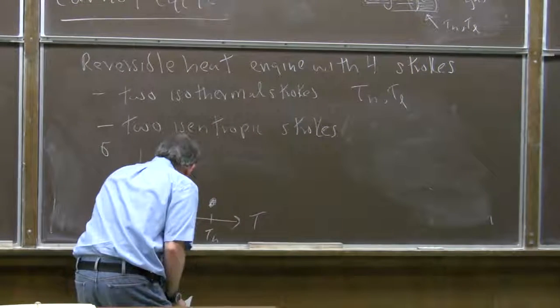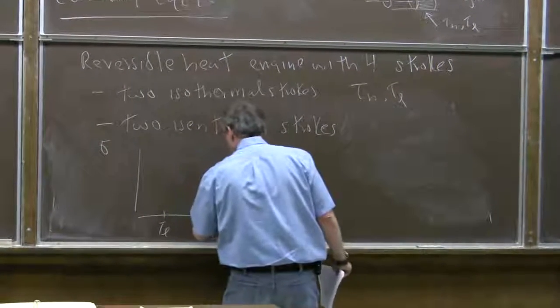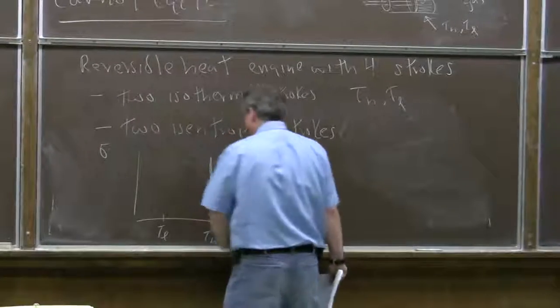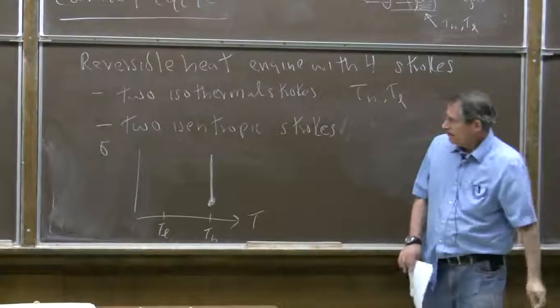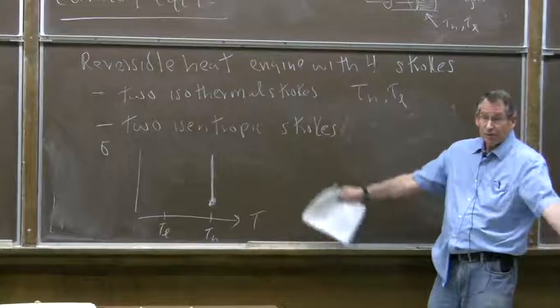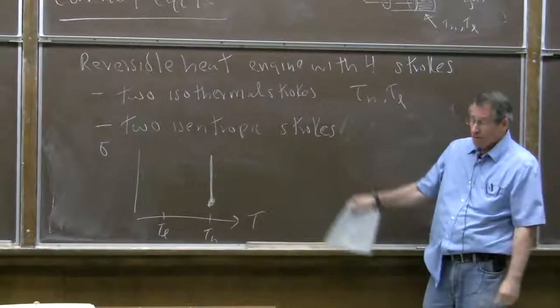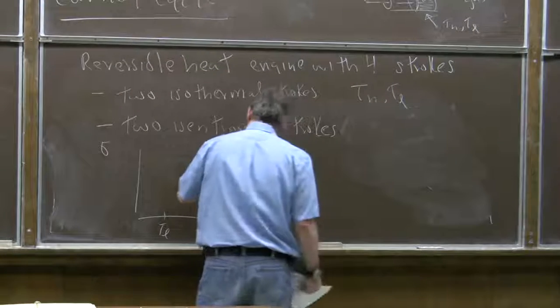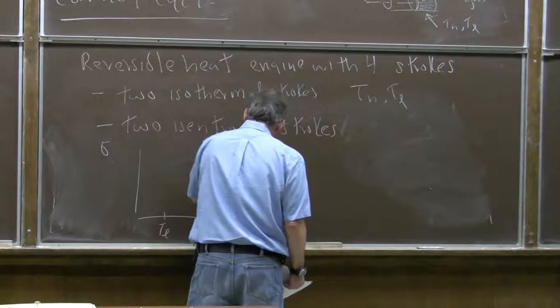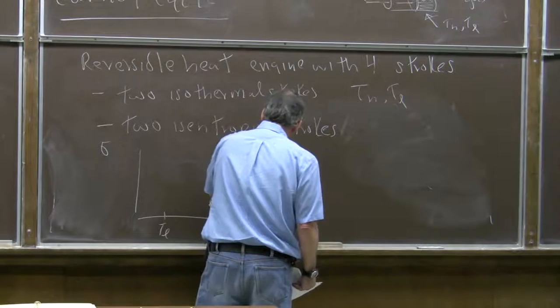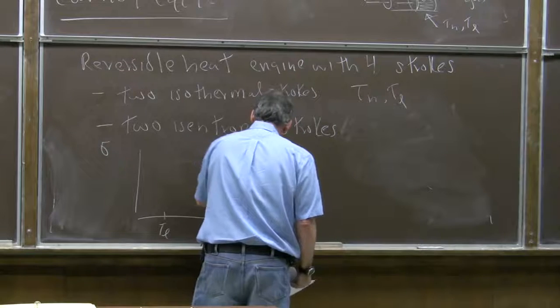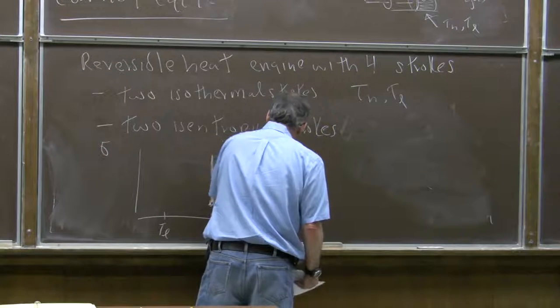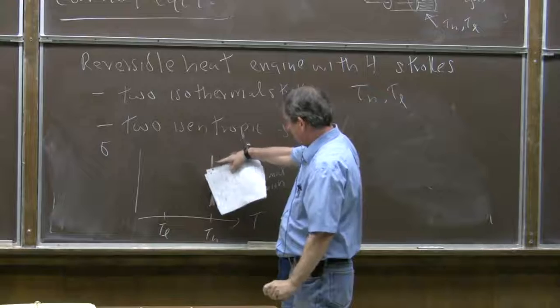Over here it's tau L. And in the first step, the system expands. That means entropy is coming from the reservoir to the system. The system's entropy is increasing. So that is isothermal expansion. Isothermal, temperature staying the same.